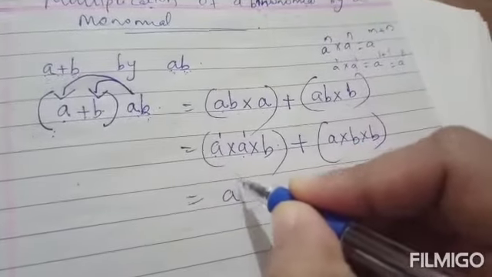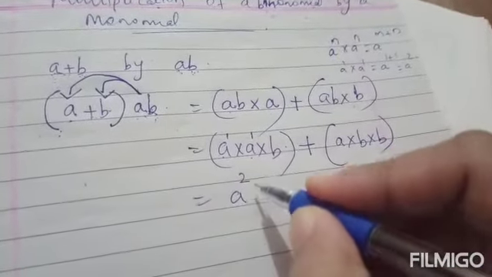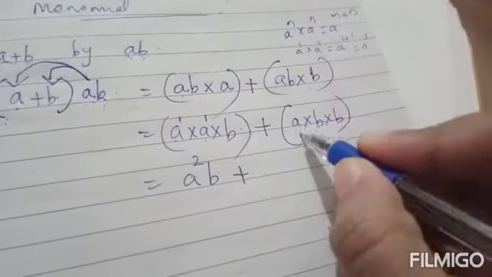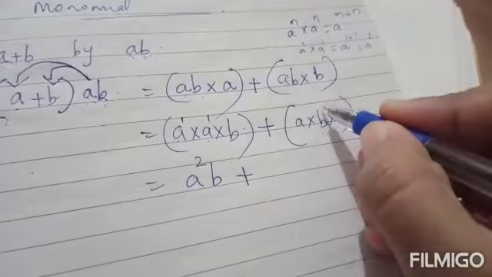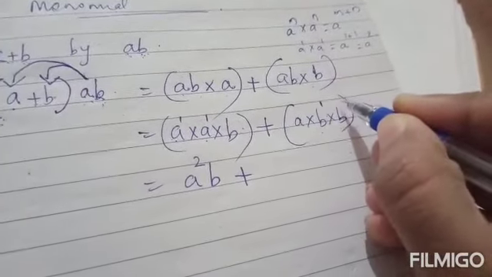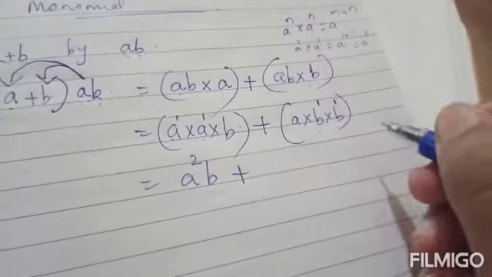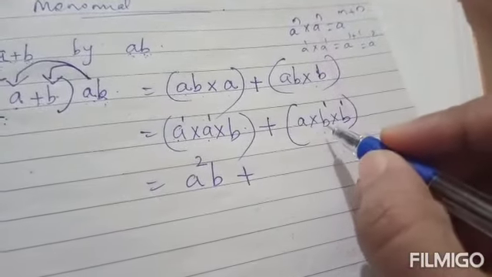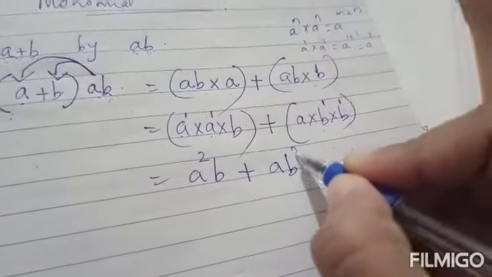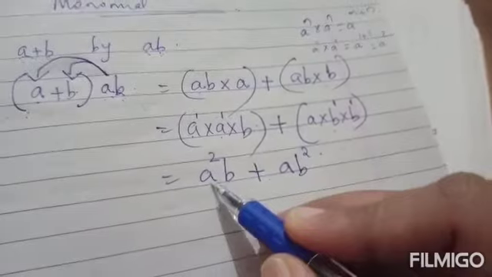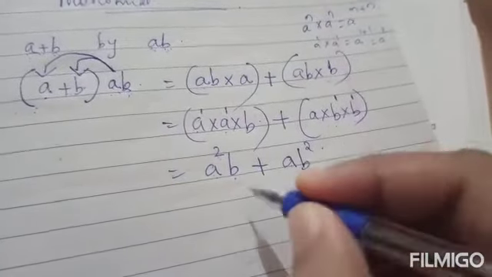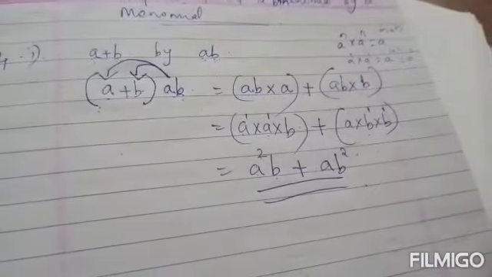So A square B, plus next A into B into B, that is B raised to 1 into B raised to 1, it is B raised to 1 plus 1, that we will get B square. So A B square. In the first case we got A square B, in the second one it is A B square. So this is the final answer.